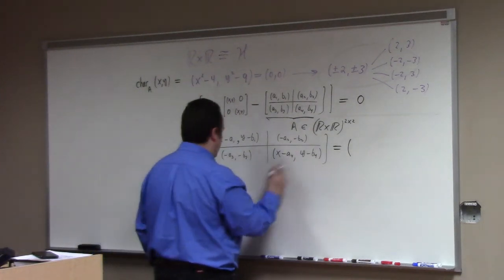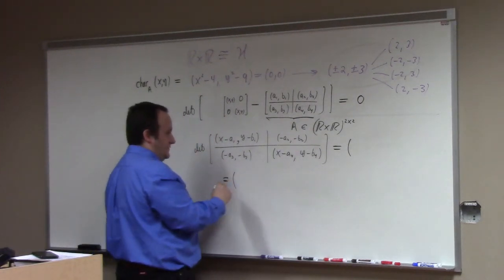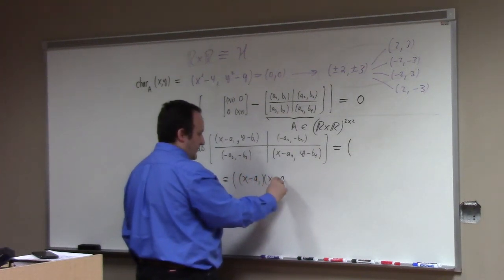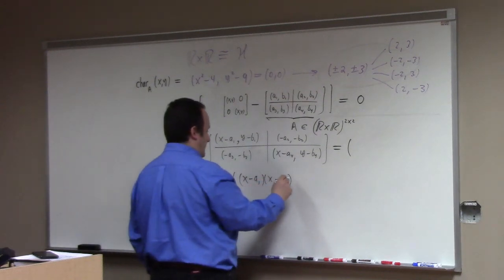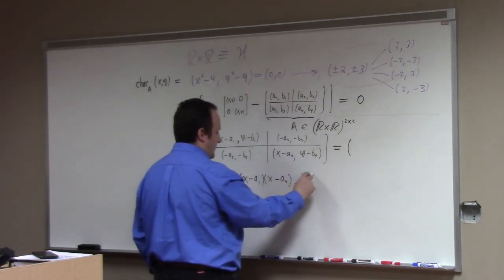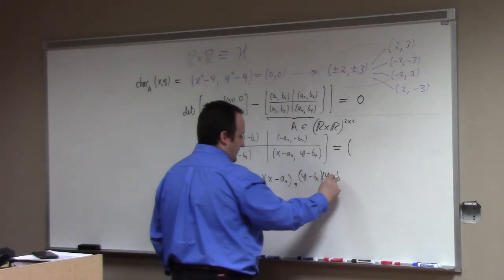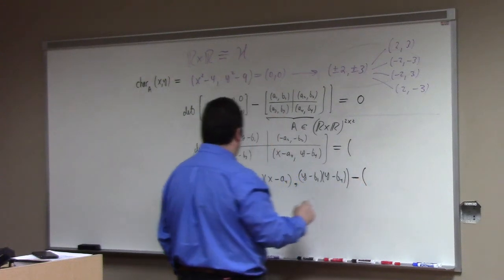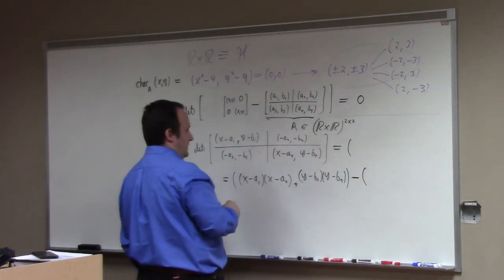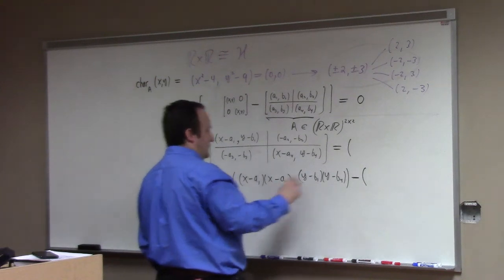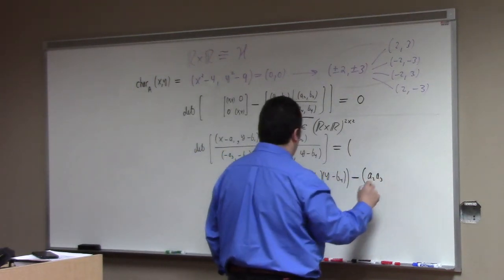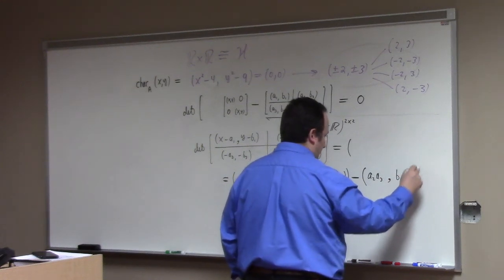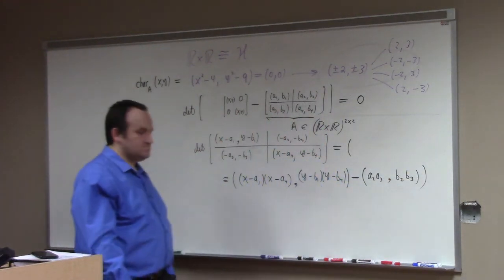I'll do it down here. It gives us, again, something in the direct product algebra. In particular, it gives us x minus a1 times x minus a4, comma, y minus b1 times y minus b4. Subtract from that these guys, so minus a2, a3, comma, b2, b3. And I do have a net minus there, right? Is that right? Yeah.